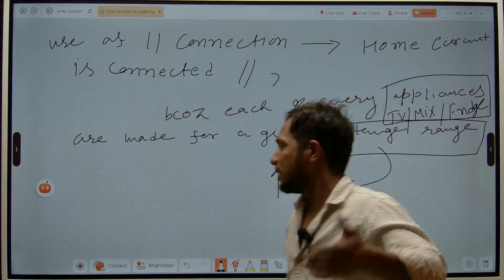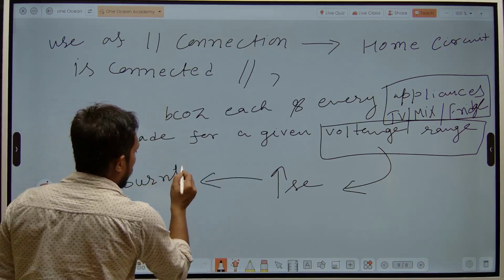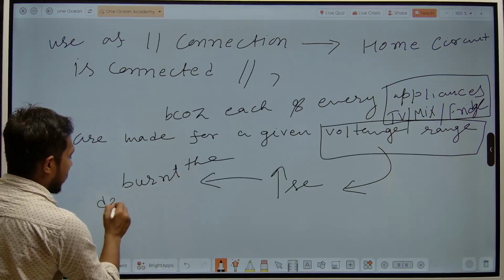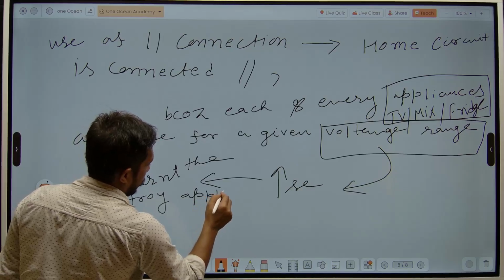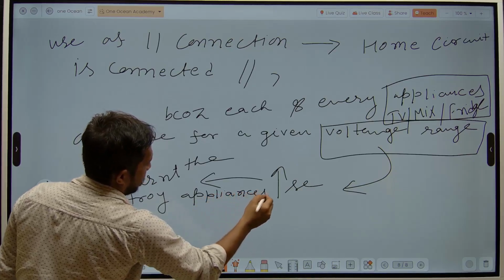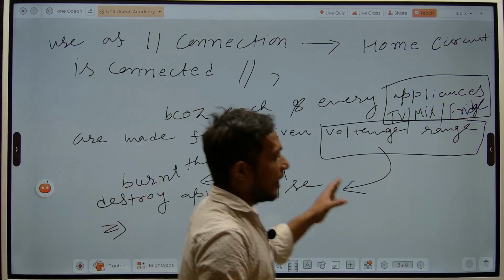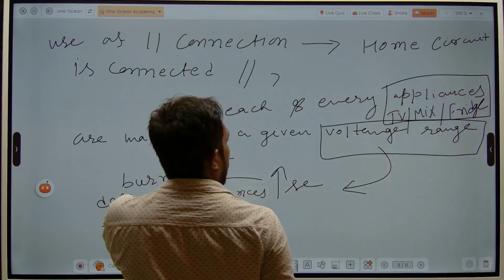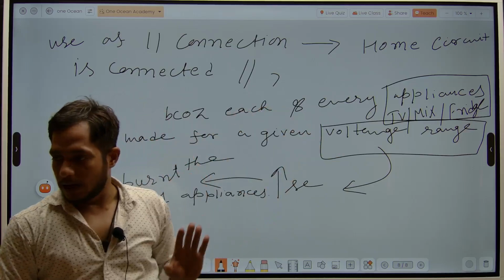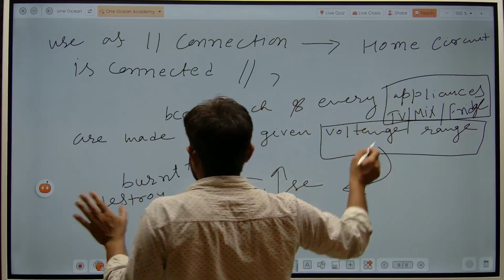This will burn or destroy the appliances. Okay. So, for saving from such type of destruction, it is recommended to connect the appliances in parallel way. That is clear. Okay. So, home appliances or home circuit is connected parallelly.